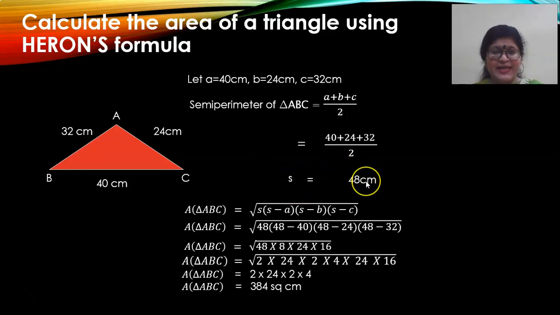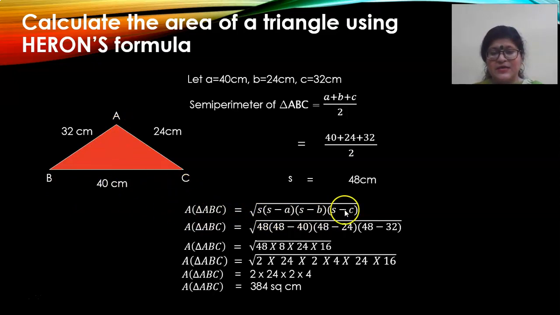In calculating the area by using Heron's formula, you need to find out the semi-perimeter of the triangle first. After having found the semi-perimeter of the triangle, use the formula. Area of triangle ABC.